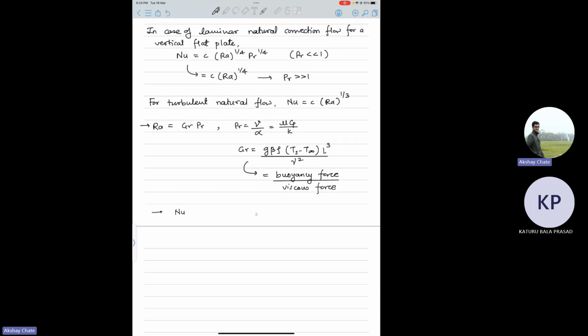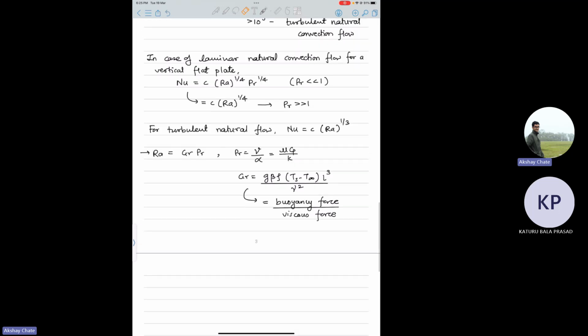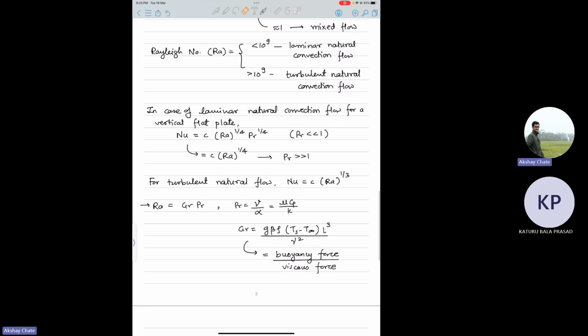And in this case also, this is for the laminar case. Your average Nusselt number is 4 by 3 of your local Nusselt number. In case of laminar flat plate forced convection, it was twice; here it is 1.33 times.